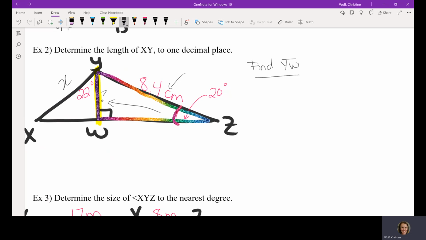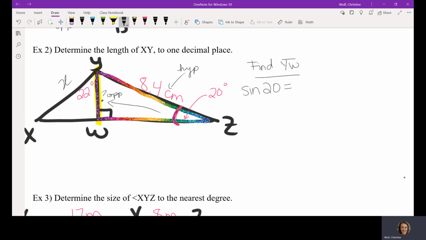Okay, so I'm looking for the side that's opposite of the 20, and this is the hypotenuse because it's opposite of the right angle. O and H is sine. I know it's spelled sin, S-I-N, but in math it's actually sine, okay? So it's going to be the sine of the angle you know, 20, and then it's opposite over hypotenuse.